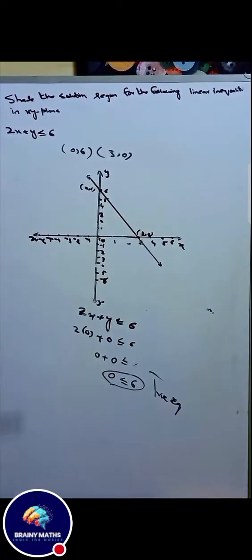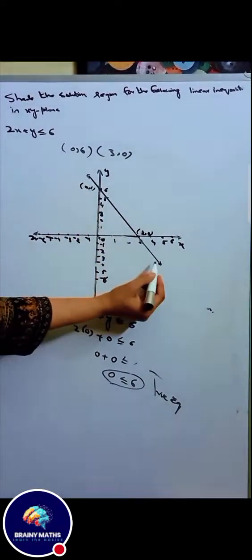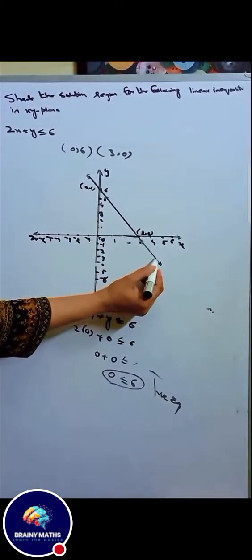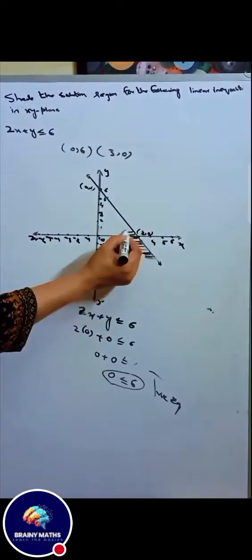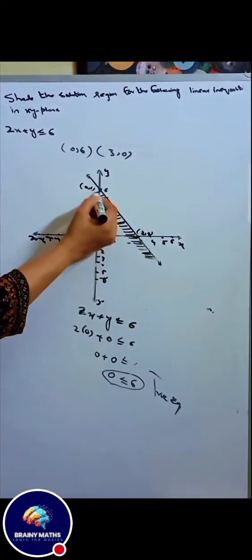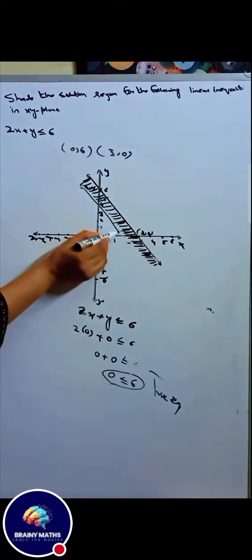Now the main point is this: when I put 0, 0 in the given inequality, I get 0 less than or equal to 6. It means this is true. And whenever the condition is true, 0 is already less than 6, then the shading will be towards the origin. The question was to shade the solution region. So now I'm shading it towards the origin. It represents a plane.